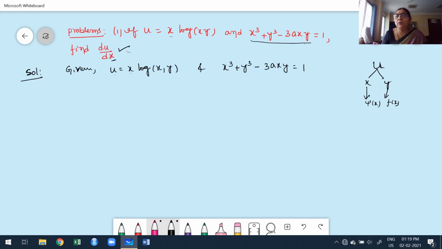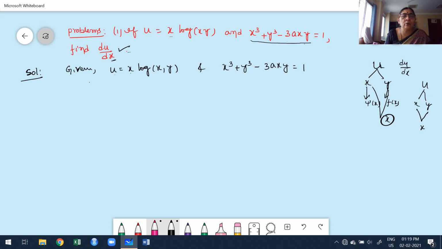Observe carefully, u is a function of x and y, but I want du by dx, which means both x and y are functions of x. Therefore, how many independent variables do we have? One. From the definition of total derivative, u is a function of x and y, where x and y are functions of one independent variable x.